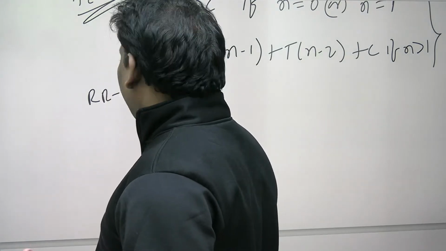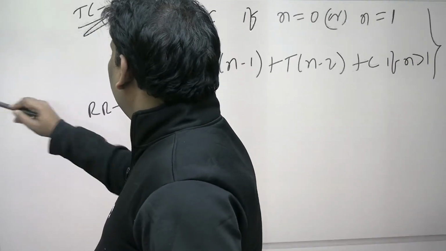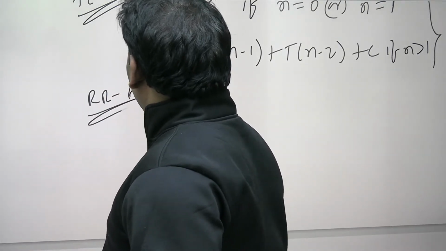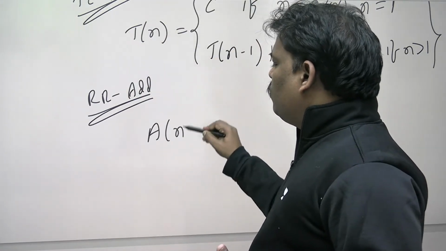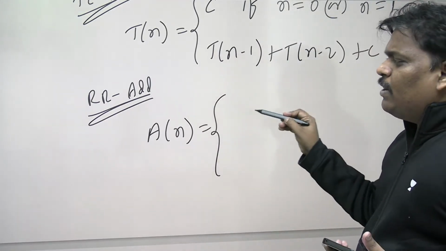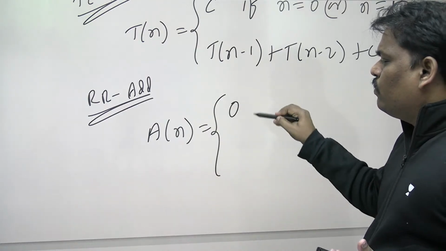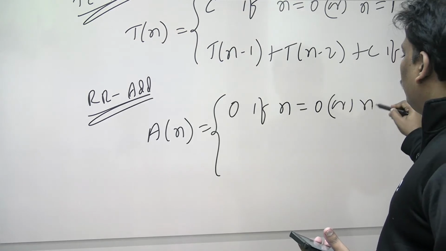Recurrence relation for additions. Let me write. A of n is equal to the recurrence relation for addition. Can you help me now? In the if part, any plus operator? No, 0, if n is equal to 0 or n is equal to 1.